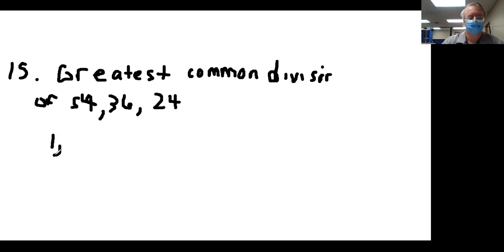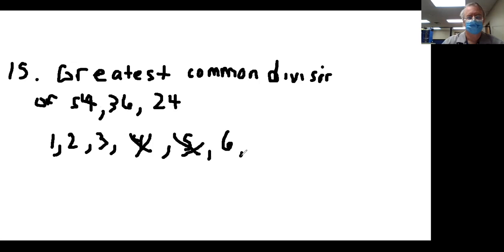So 1 will divide into it. 2 will divide into it. 3 will divide into all three. 4 will not. 5 will not. 6 will. Divides into all three. 7.